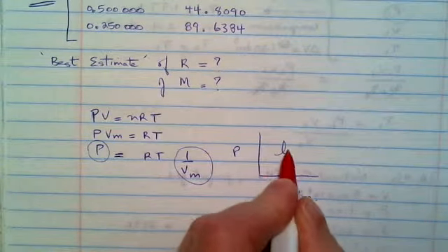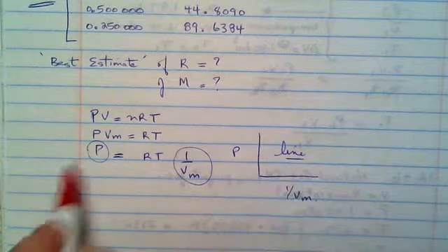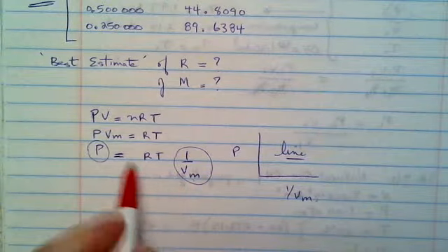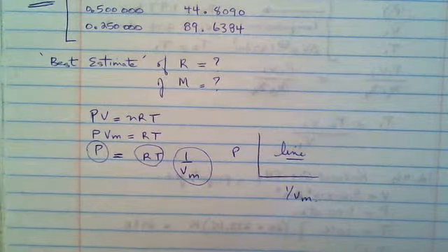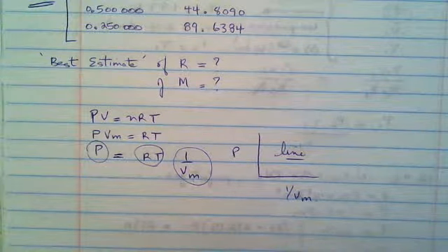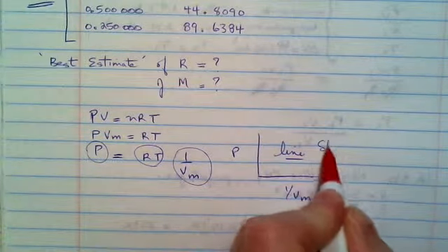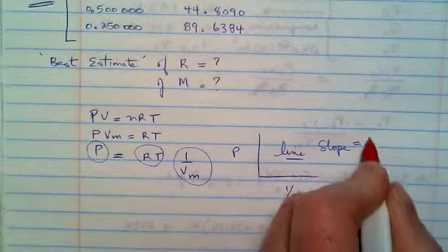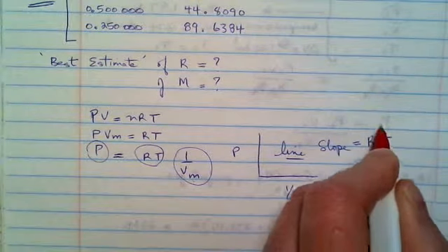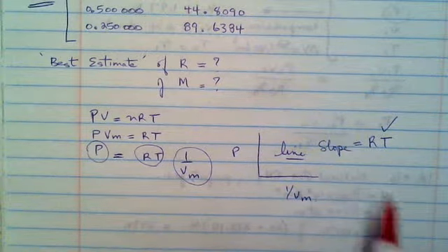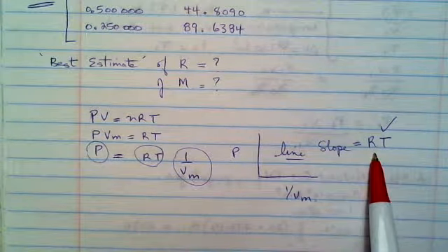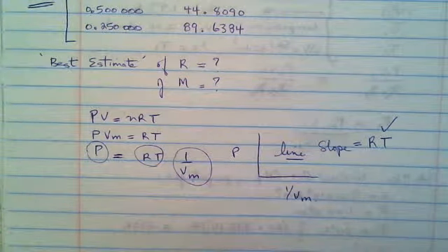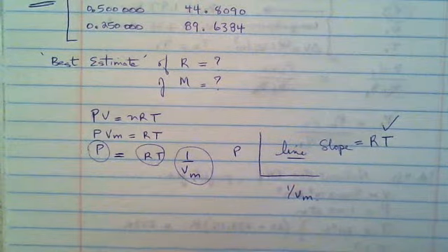I would expect a line because these are related through a constant. And I would expect that the slope would be equal to RT, and T is known, so I could get my value of R from the slope. That's one way we could have done this.